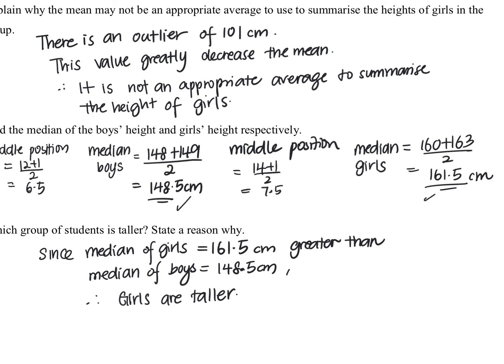But if we have an outlier, then the mean itself may be greatly affected, either increased or decreased. So in that case, we should use the median for comparison. When we compare data values, always make sure you give the evidence. Quote the numbers, compare the data, and then make a conclusion.